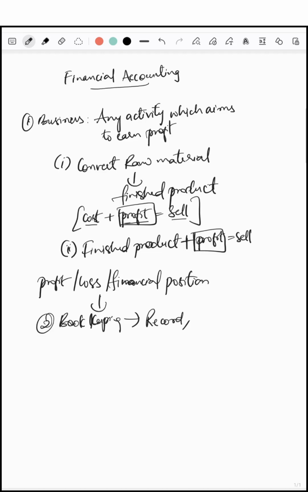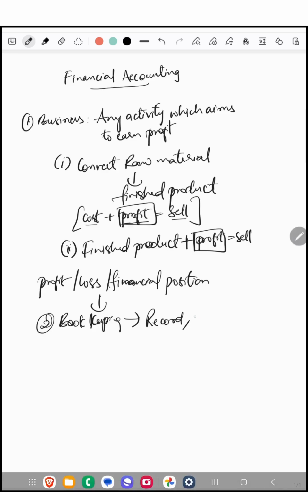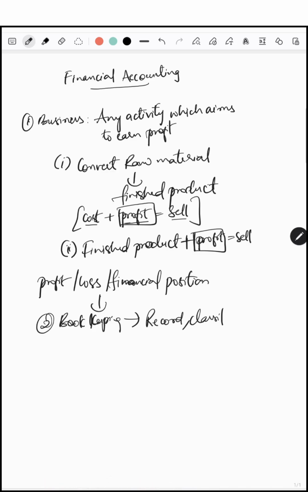Or else you're paying salaries to employees, so every month salaries need to be paid for all the employees, which gets repeated every month and continuously, it may last for years also. So these are called similar nature transactions. All that need to be classified, and later all the transactions should also get summarized. So if these three activities are properly done, we'll call them bookkeeping.